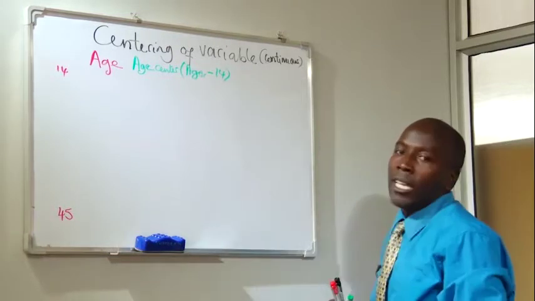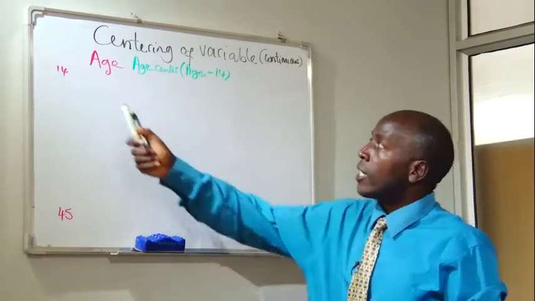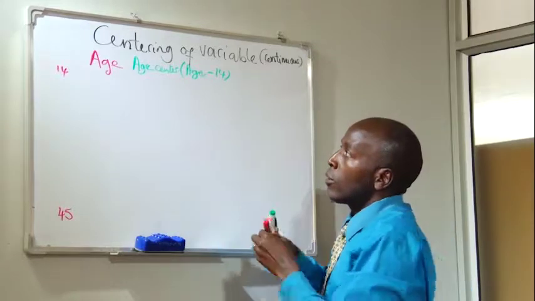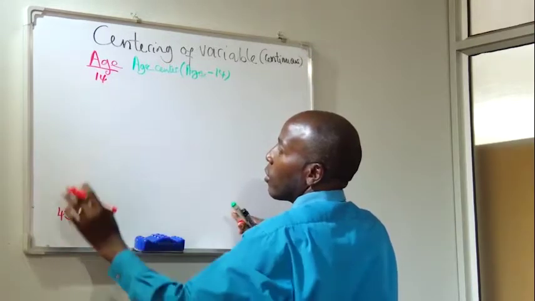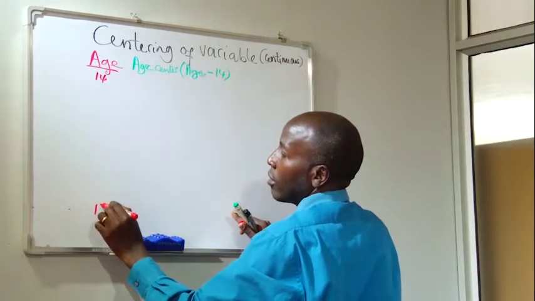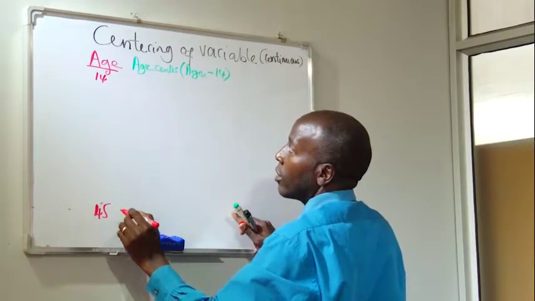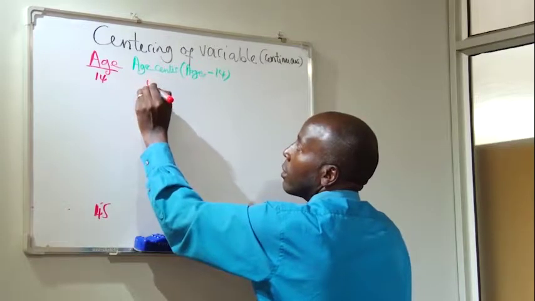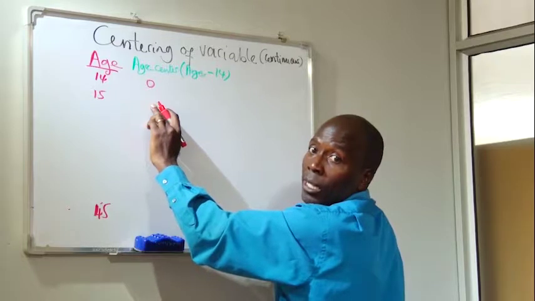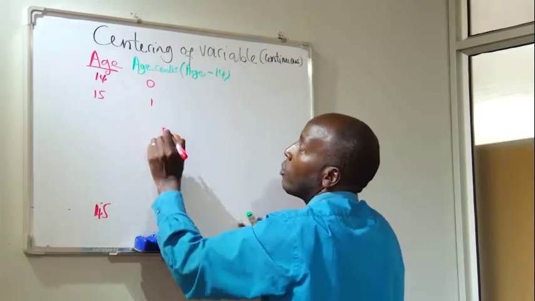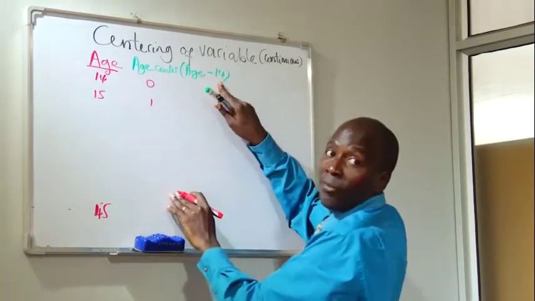So where our typical age is 14, what will be the value of age centered for a person aged 14? It will be 0. If this person is 15, what will age centered be? It will be 1, because it is age minus the lowest value.